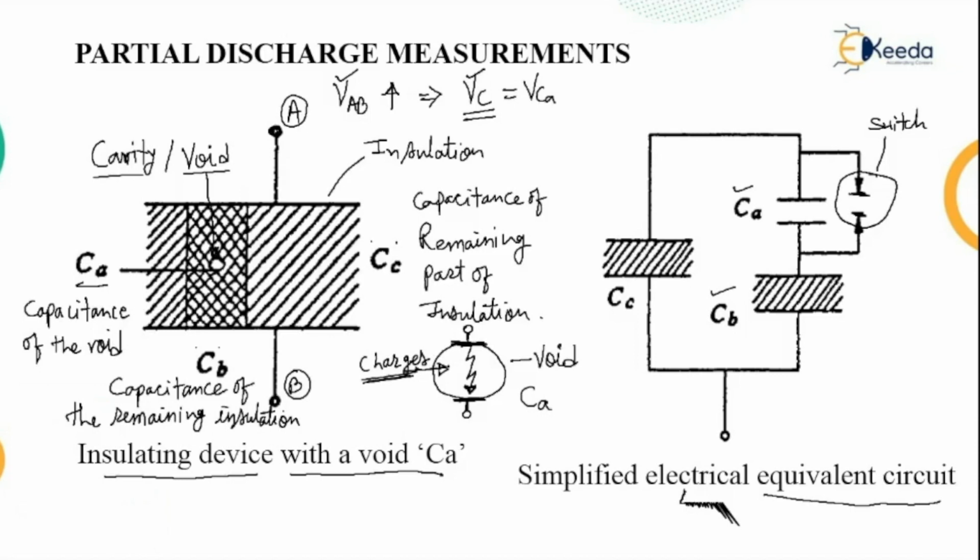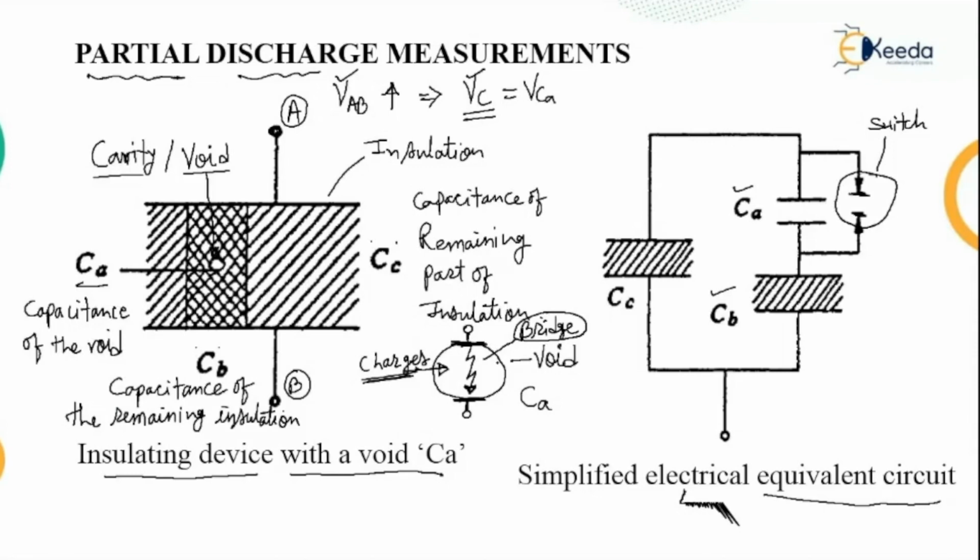Another point of discussion or terminology is partial discharge. The partial discharge, which is the name of this particular topic, means an electrical discharge that only partially bridges the dielectric medium. So this is a partial breach, only for a small time period.